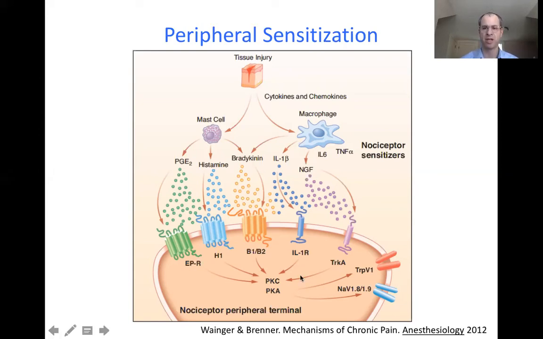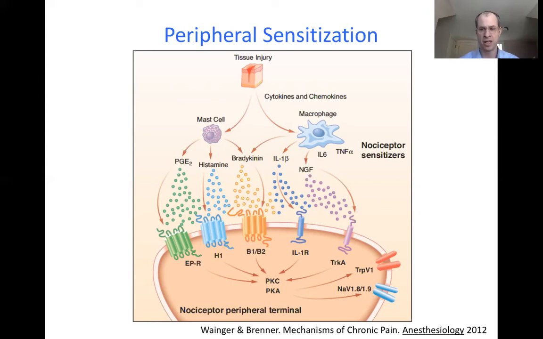These mechanisms have been a component of clinical development interest. For example, the antibodies to NGF, which have been investigated in arthritis treatment, are based on this idea of minimizing peripheral sensitization.